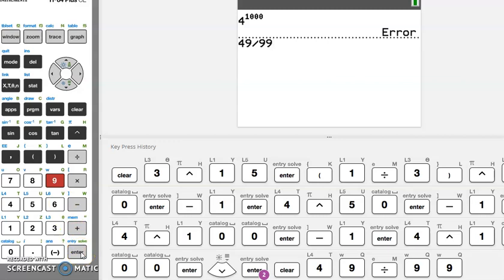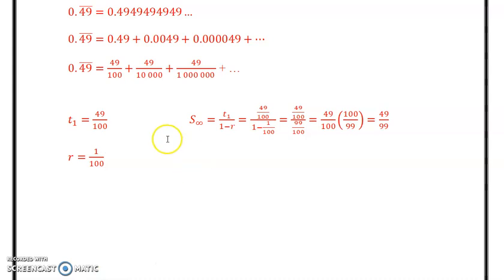When you hit enter, a lot of you will know what's going to happen. This is the beauty of these types of questions. You can check them to make sure you have the correct answer. Enter, boom. 0.494949 repeats. So it comes back to your decimal. So the sum of this infinite geometric series, remember that R value is between 0 and 1, so it's converging to a fixed value, and the fixed value is 0.49 repeating. It kind of ties everything together. Really neat, I think, and it's a good way to end the chapter.